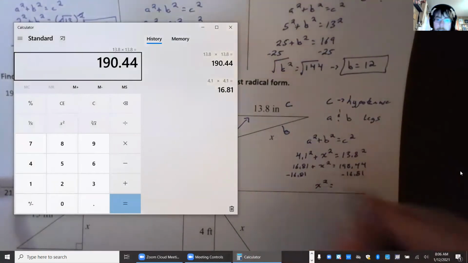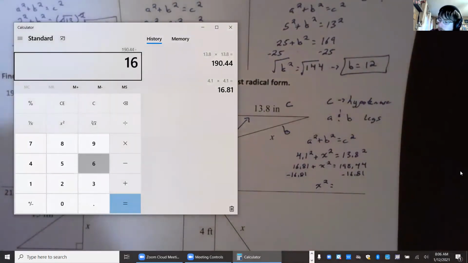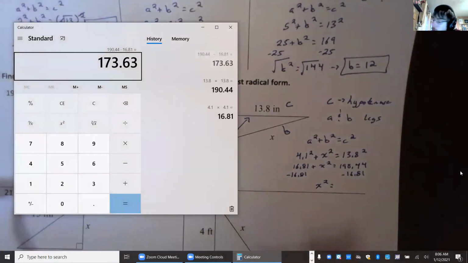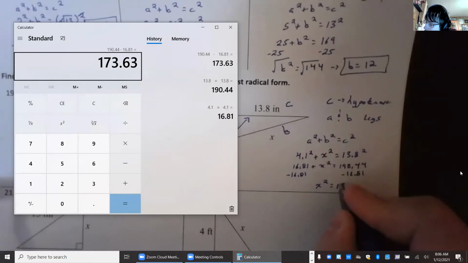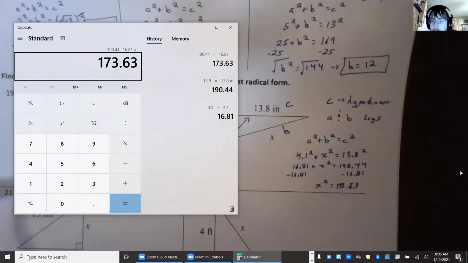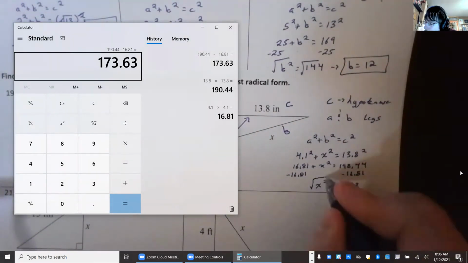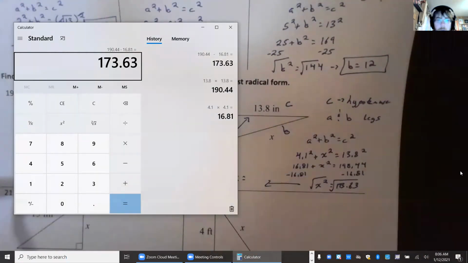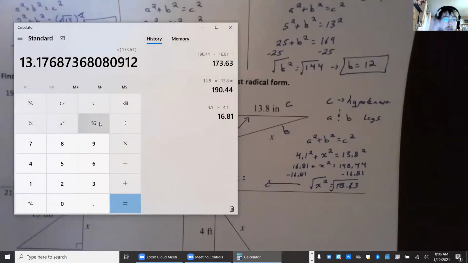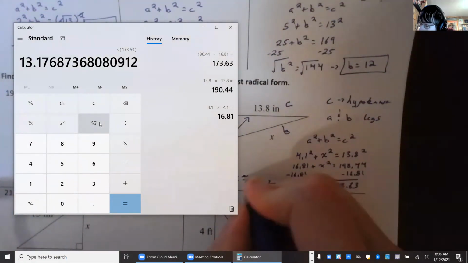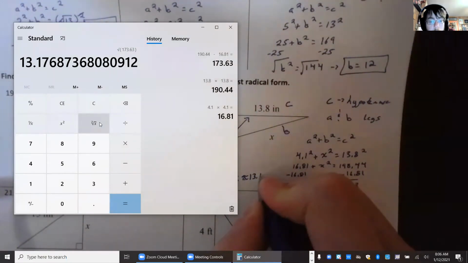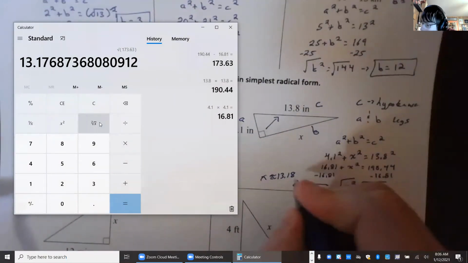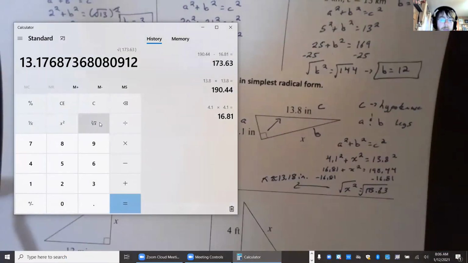We get x squared equals 173.63. Square root both sides to get rid of the squared, and you get that x equals approximately 13.18 inches.